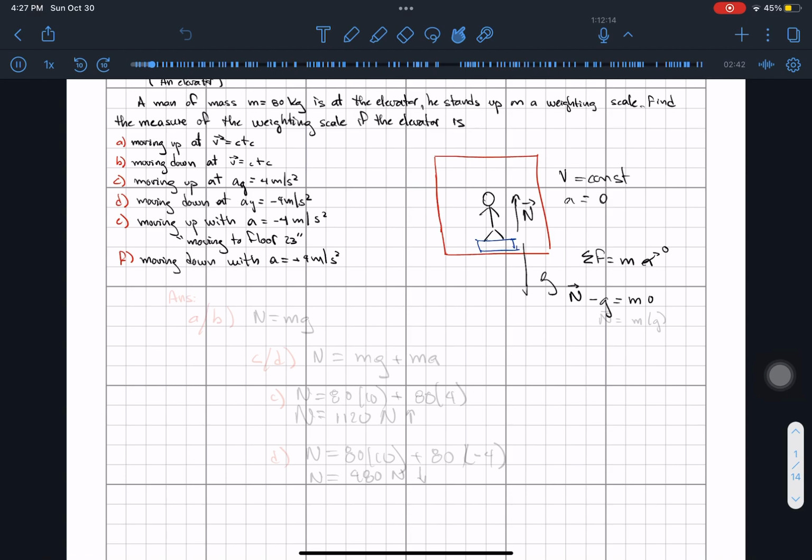So the normal force acting on the person is going to be the mass times the gravitational acceleration. So the answers for A and B will be mg.